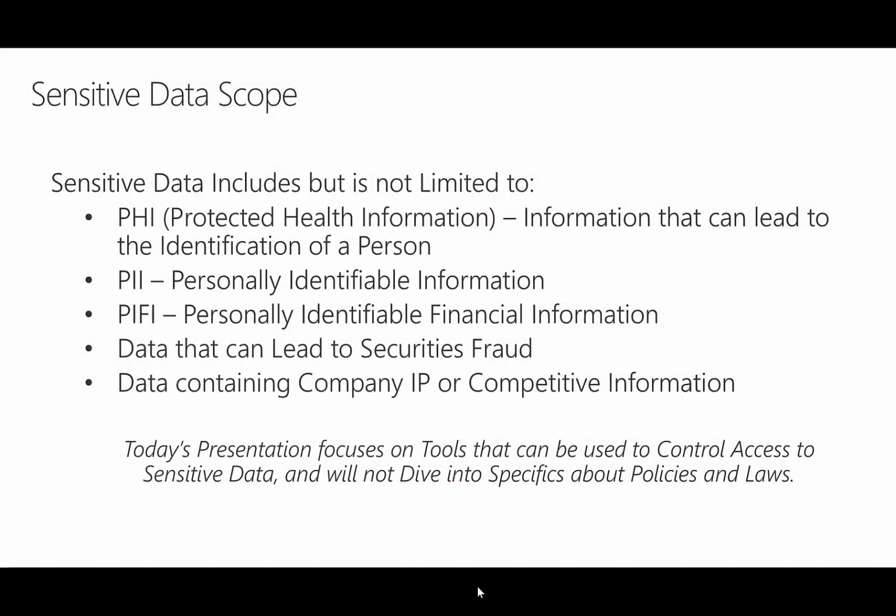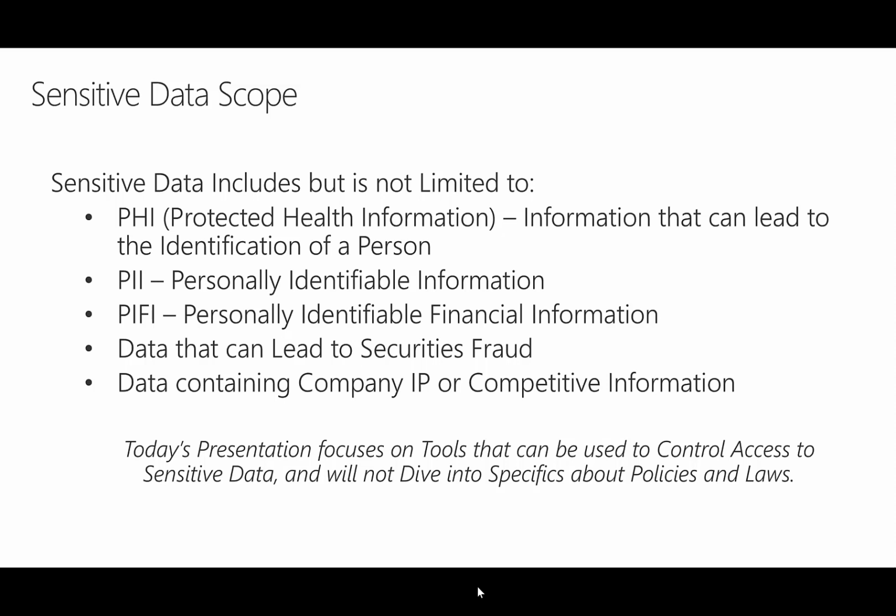Now, when we talk about sensitive data, what is the scope of that term? Generally, within the context of this presentation, it's referring to PHI, protected health information, PII, personally identifiable information, PIFI, which is personally identifiable financial information, and data that can lead to securities fraud or data that contains company IP or competitive information.